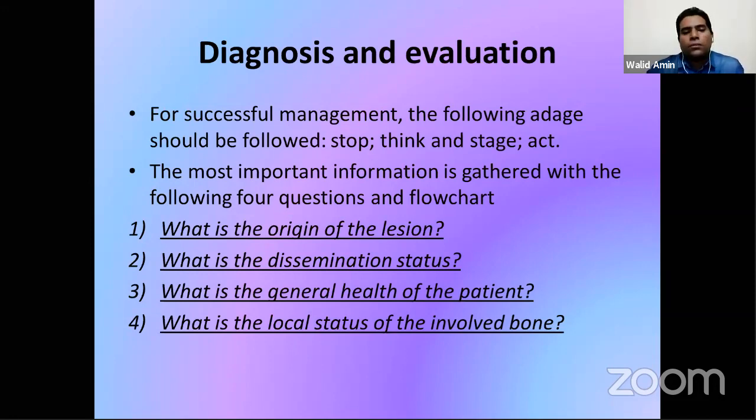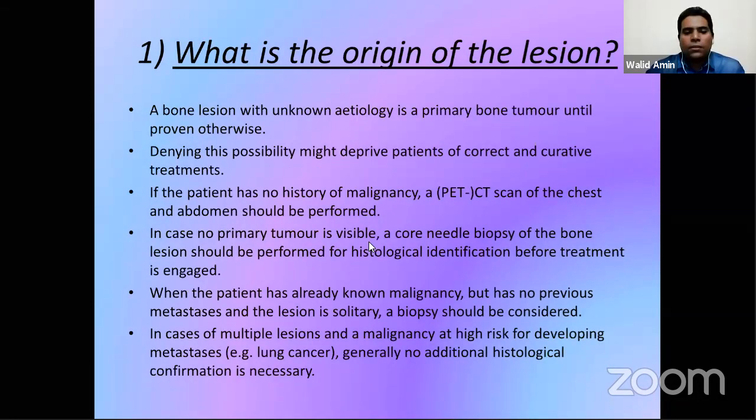The fourth question is what is the local status of the involved bone? This can be assessed by X-ray, and CT scan can also be used. The information gathered completes the workup and provides the basis for staging the patient and determining the treatment strategy.